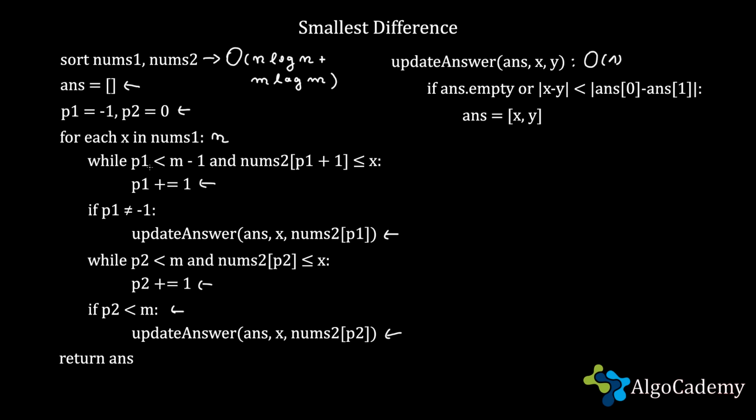But what we know for sure, based on the 2 pointers technique, is that P1 starts from -1, is always incremented, and is always less than or equal to m-1. And P2 starts from the value 0, is always incremented, and is always less than m. So each of these 2 will be incremented for at most m times, which means that these constant operations from here are going to be performed each for at most m times.